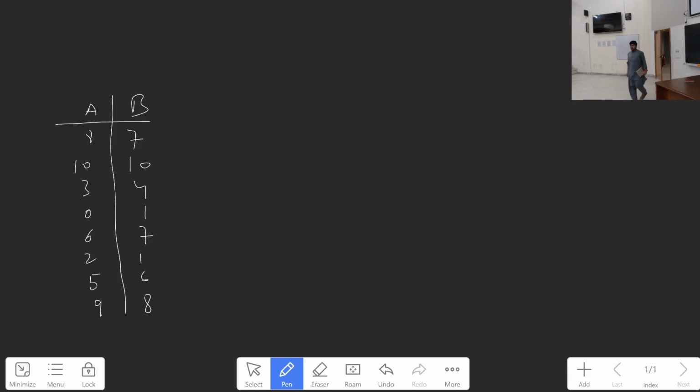One, two, three, four, five, six, seven, eight. Okay, eight homeworks we gave in some course, and student A got these marks, and student B got these marks.